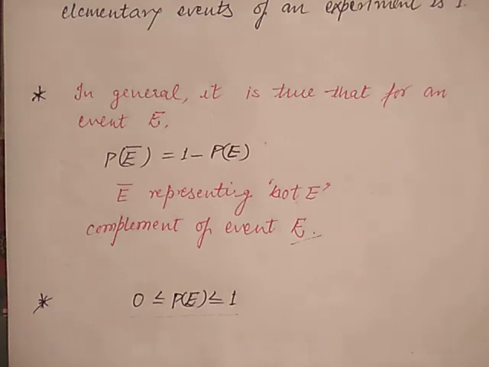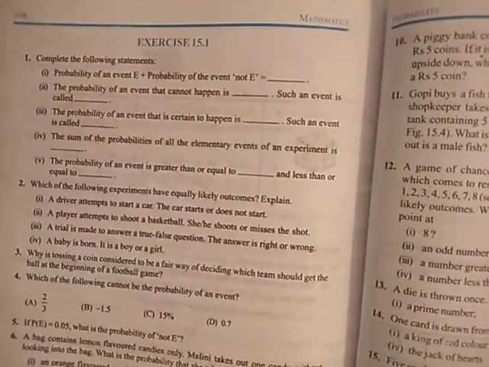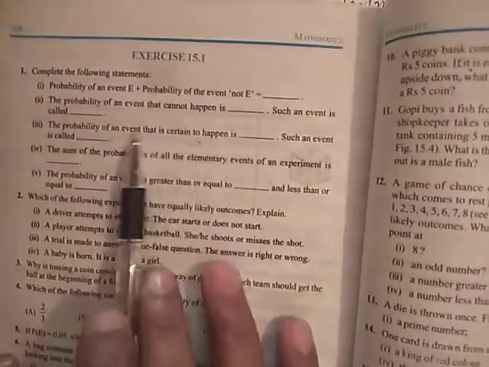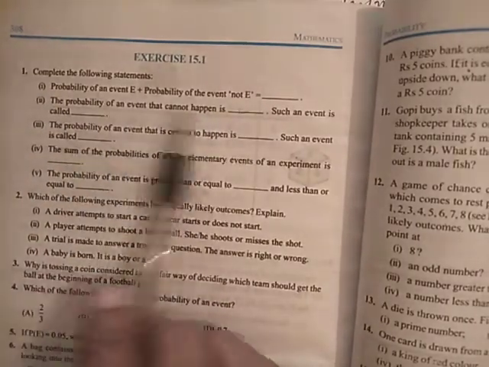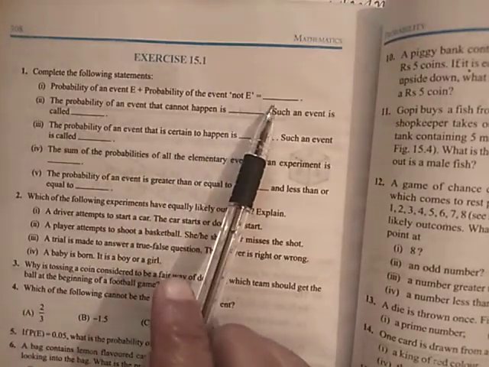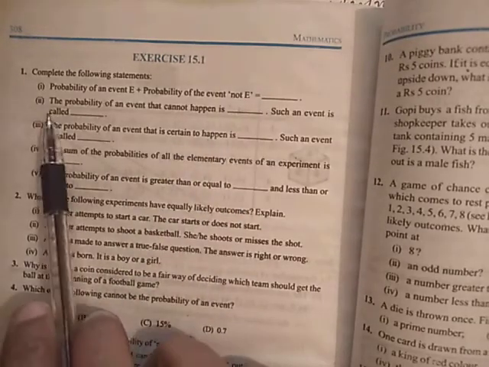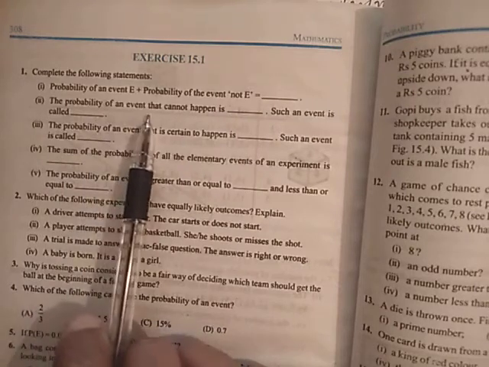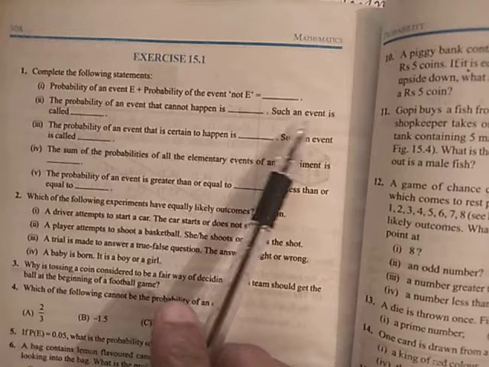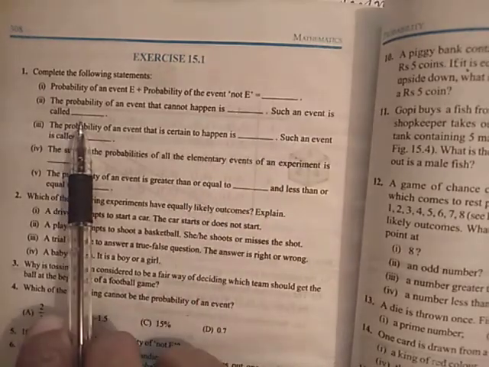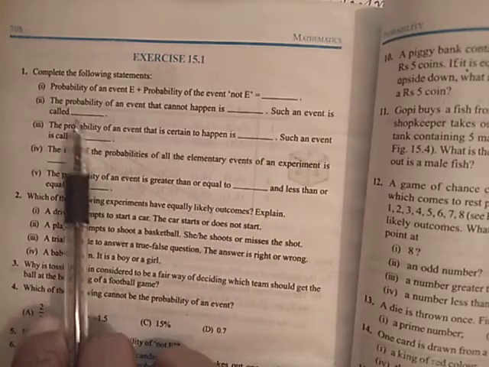Now we are going to start exercise 15.1, and the first question is: complete the following sentences. The probability of an event E plus the probability of the event not E will be 1. The probability of an event that cannot happen is 0, and such an event is called an impossible event.